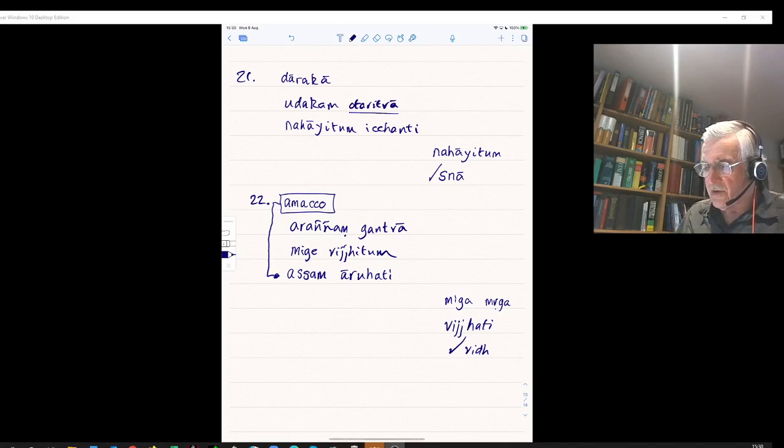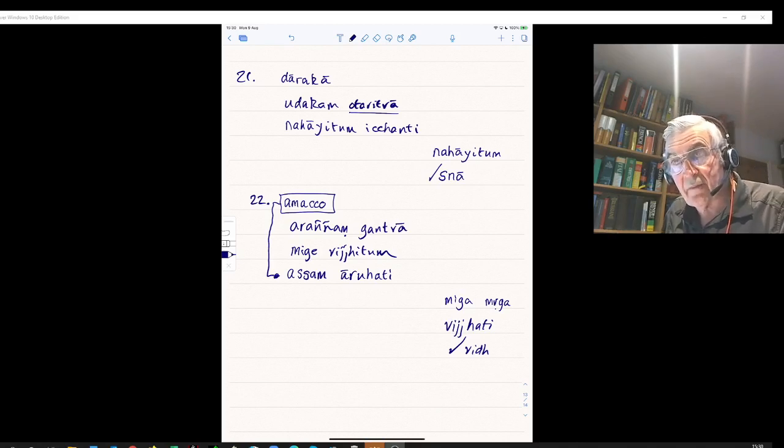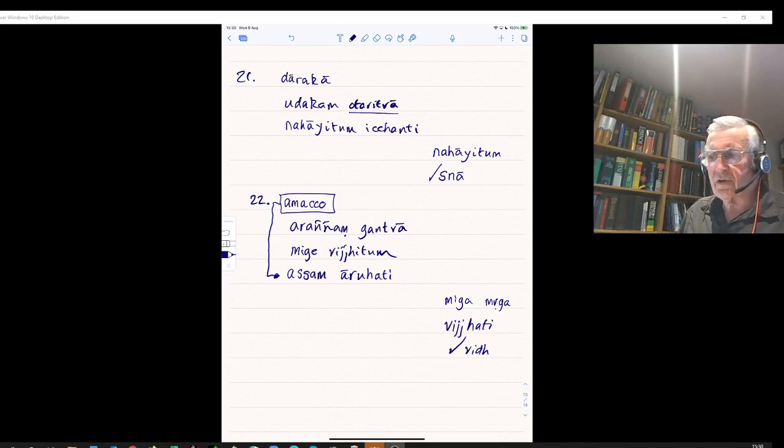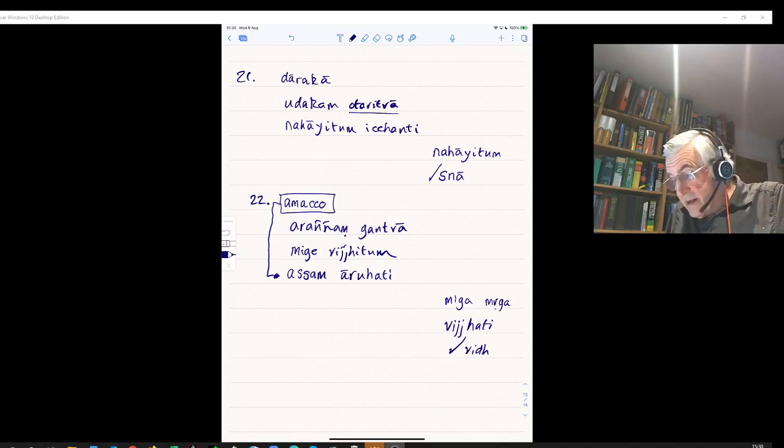So just say aranyam gantva mige vijjhitum amacho assam aruhati, equally correct. So I'll read the sentence in both ways. Amacho aranyam gantva mige vijjhitum assam aruhati, or aranyam gantva mige vijjhitum amacho assam aruhati.